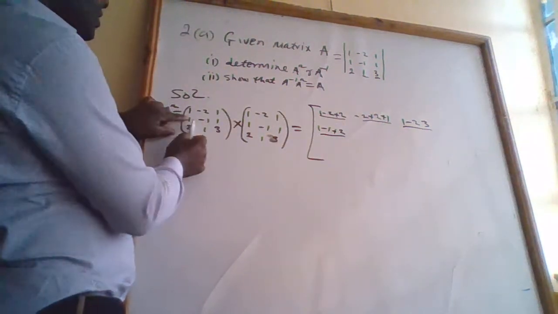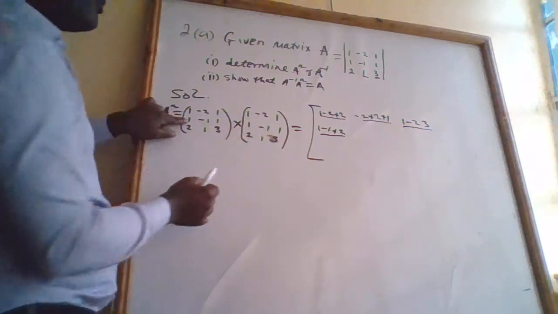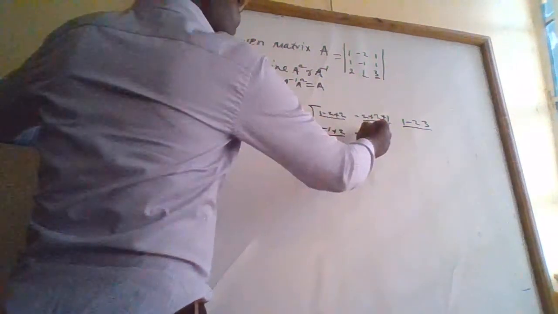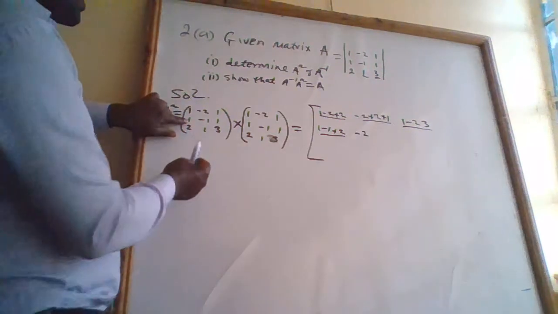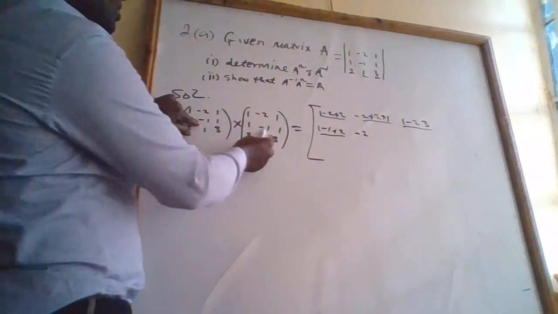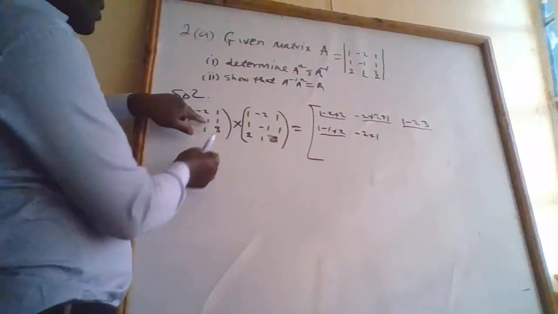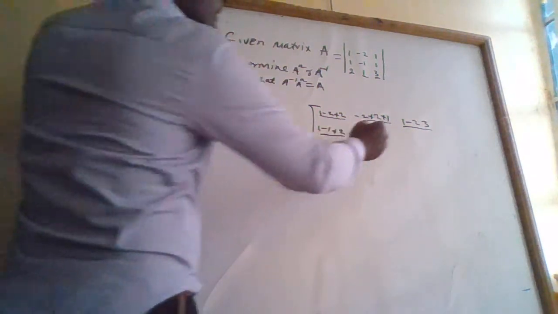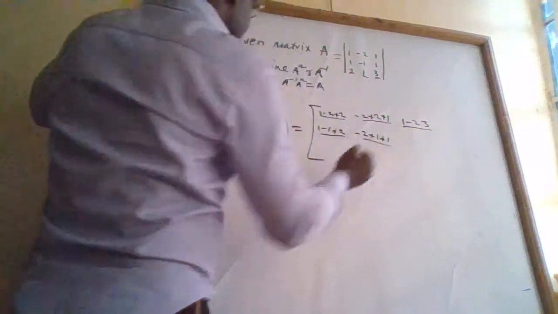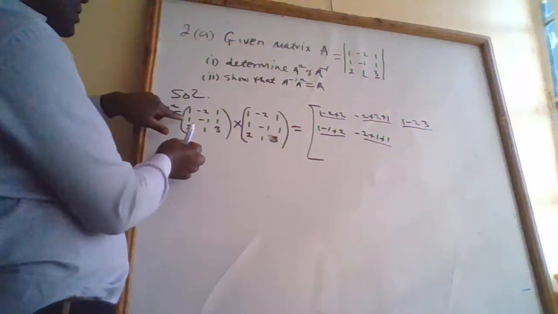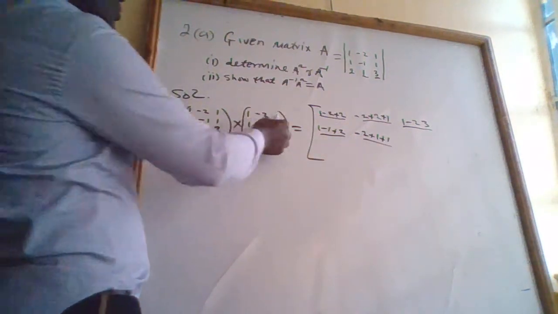Then we move on. 1 times negative 2, we have negative 2. Then negative 1 times negative 1, plus 1. And then we have 1 times 1, plus 1. Then the last, we have 1 times 1, we have 1.